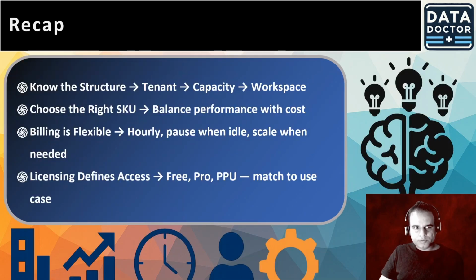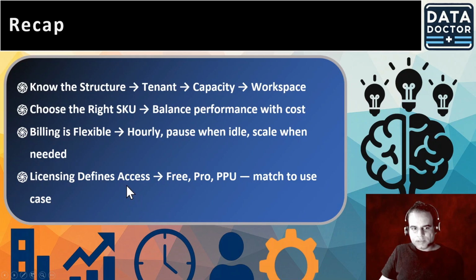Let's move to our recap slide and see what we did. We know the structure, how it is organized. First of all, we have tenant on top, then we have the capacity, and then under that we have the workspace. We have to always choose the right SKU, and this gives you a balance between performance and cost. We know that billing is hourly, and we can pause it when it is idle, and we can scale it higher when needed.